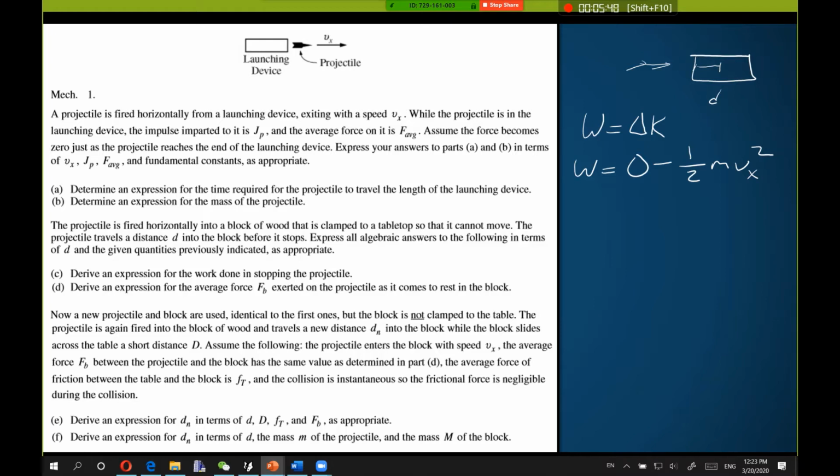So there's no gravity that's pulling us horizontally, so that's going to stay the same. Okay, so then we can substitute for m, which we found last time was J over vx, right? Okay, times vx squared. Okay, and then we just simplify and we're done.